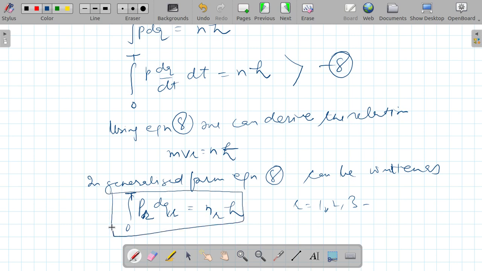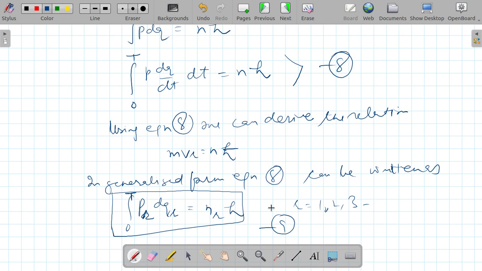So this r is not the radius, but represents some integral values. So this equation number 9 is basically the Bohr-Sommerfeld quantization rule.